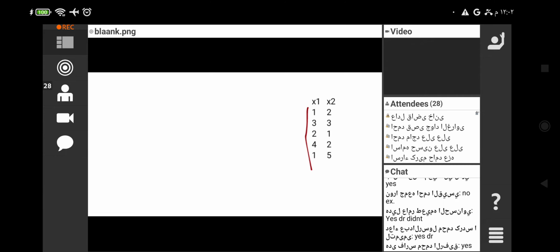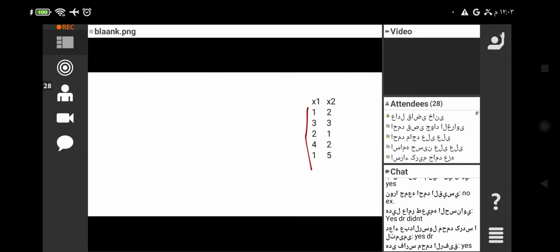Okay, as I said, the first step in hierarchical clustering is the distance matrix. Let me write the distance matrix for you here. Here we have 5 clusters, because we have 5 data, I said that in the first step we assume that each data is a cluster.